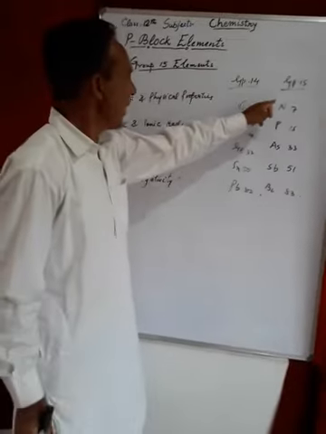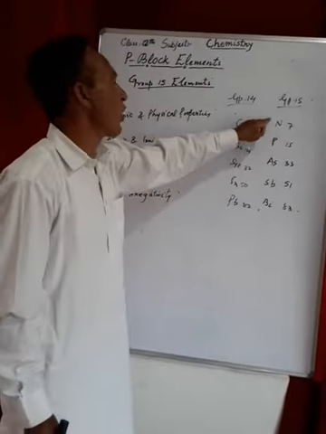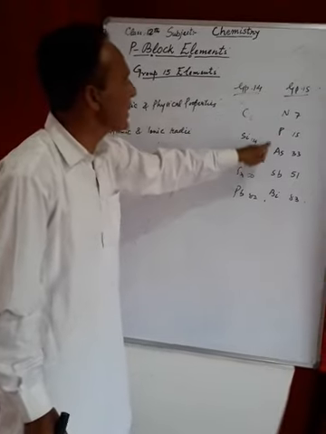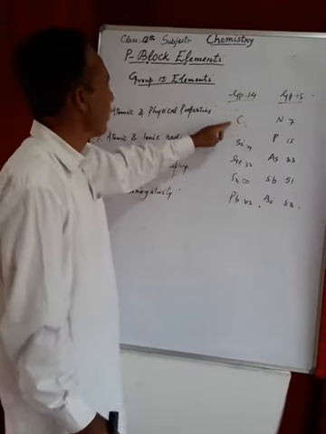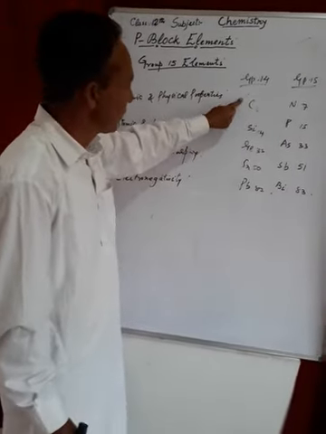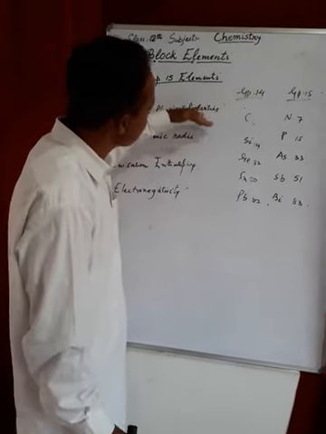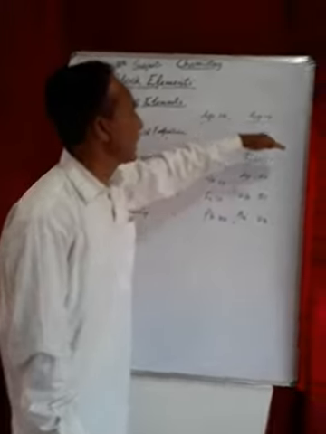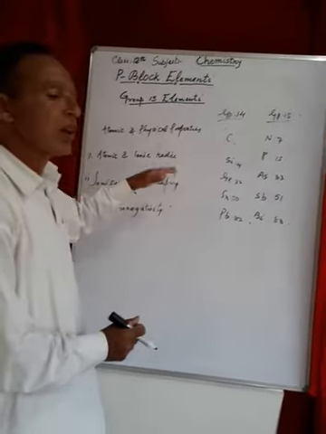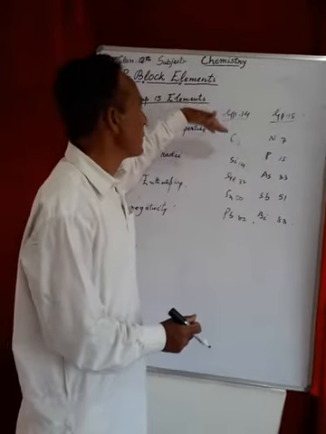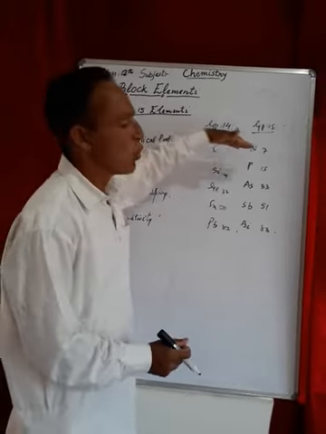Atomic and ionic radii. The atomic radii or the covalent radii of the group 15 elements is lesser than that of the corresponding group 14 elements, because as we move from left to right in the periodic table, the atomic size in a particular period goes on decreasing.